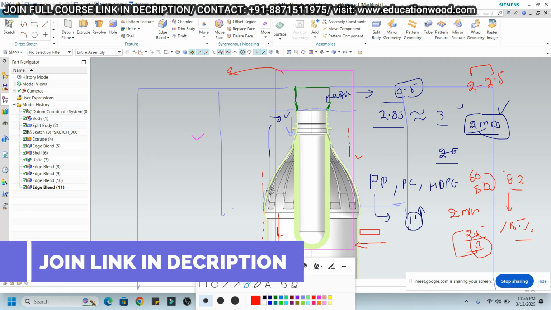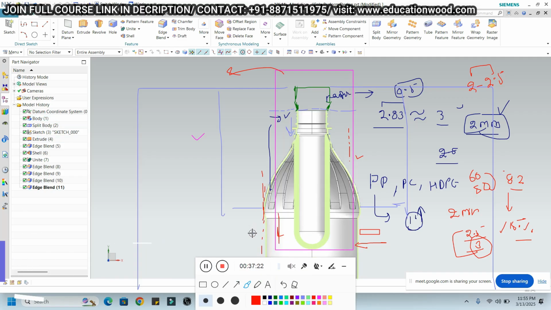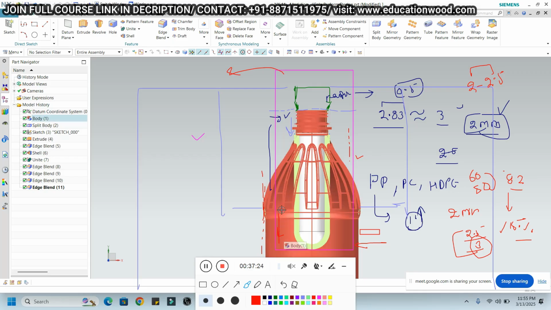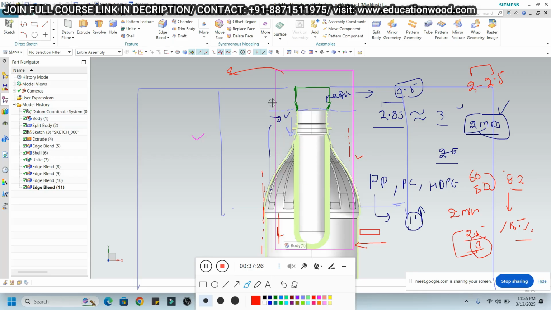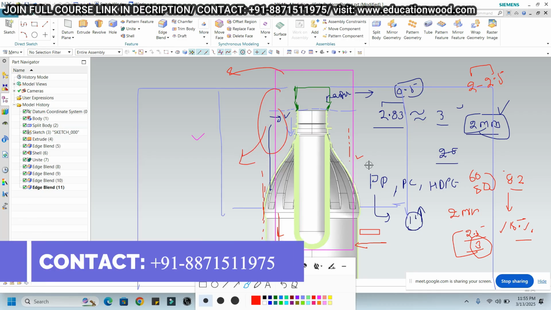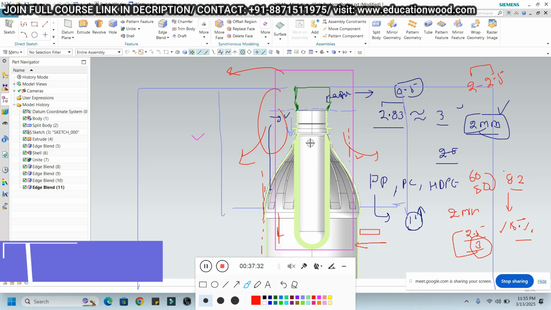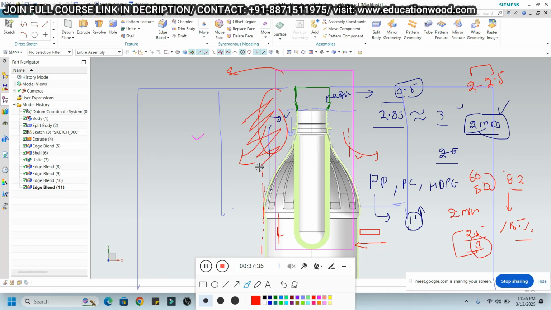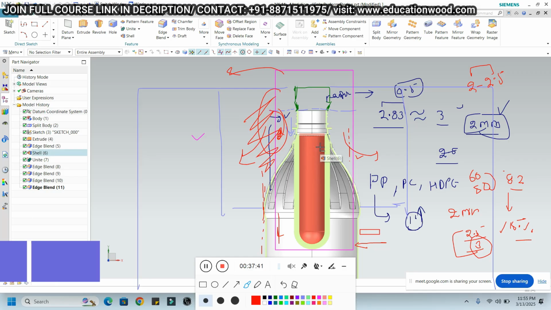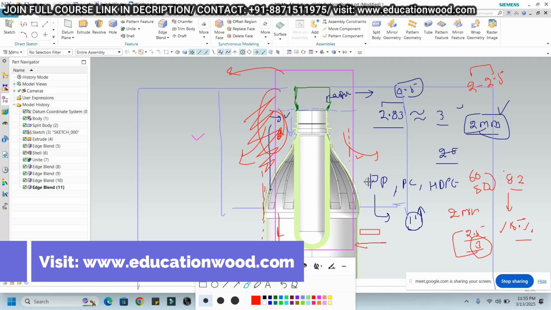Exactly, because it should be less than the diameter of the component. That's why this portion will become the pinch-off cut. So basically this is the resting portion for the flash material, or the excess material. Yes, sir.